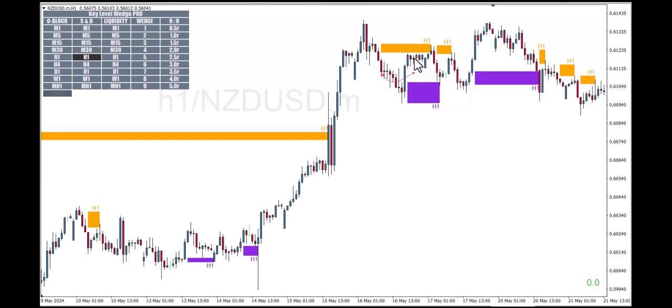I think you get the idea, and see how the liquidity inside the zones pulls the price.